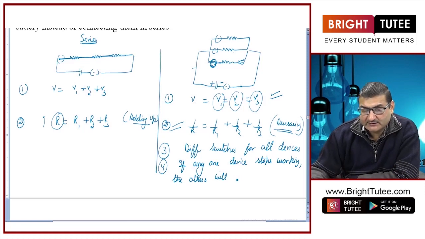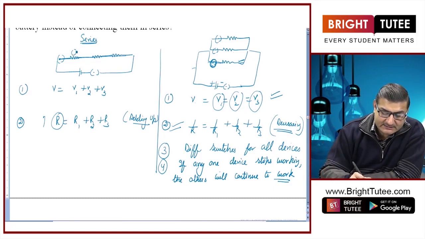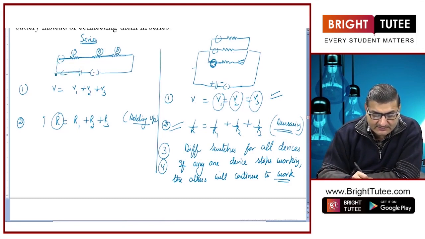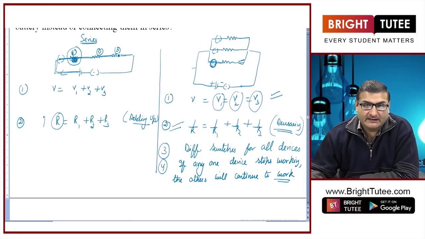Because there is a different supply of current to all of them, but this is not the case with series. For example, this was the first resistance, this was the second resistance, this was the third. The current is just traveling in this direction. Assumably, if this particular appliance stops working, there is some fault in it, then in that case the current is stopped here only and the other appliances will also stop working.